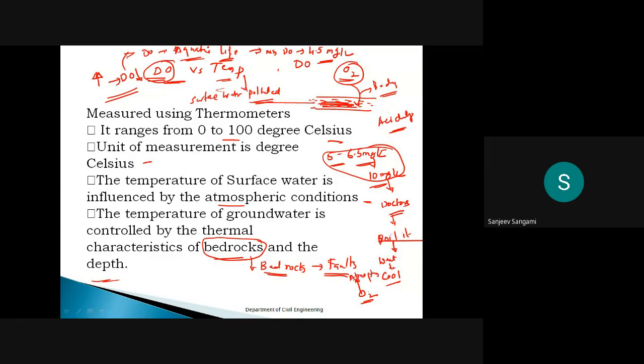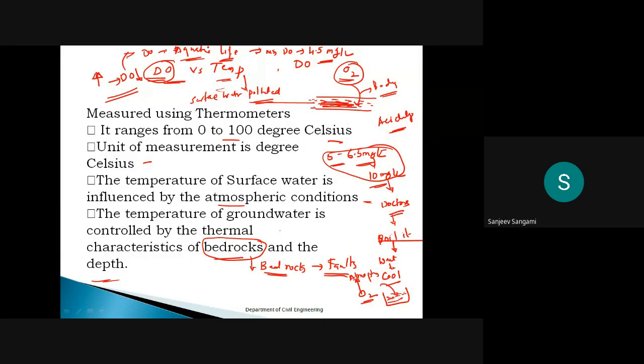When you stop boiling and keep it for cooling, the atmospheric oxygen goes back into the water as it cools. So that is why, remember, you are not supposed to drink the water immediately. That is the technical reason behind that.